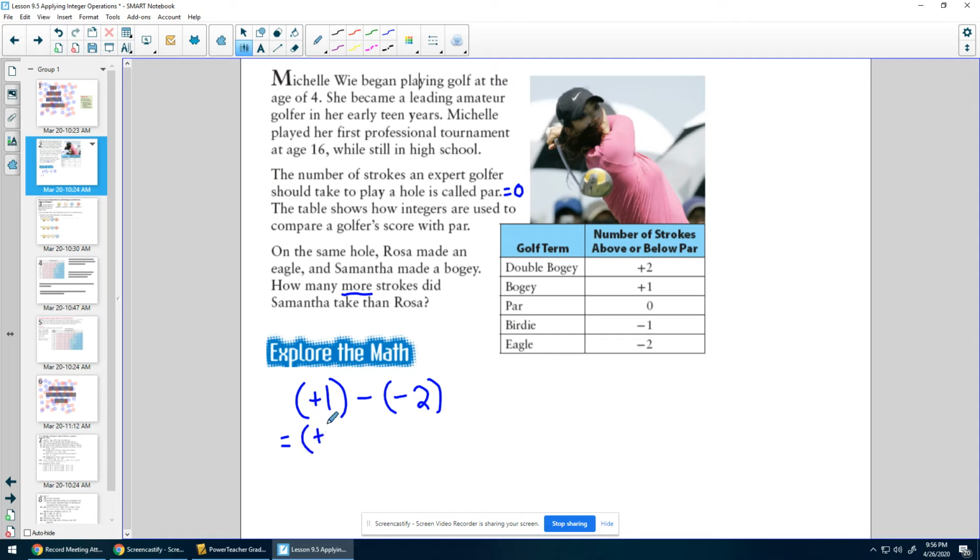So we're going to look at this. +1. When we're subtracting, it's like we are adding the opposite. +1 plus +2 is +3.